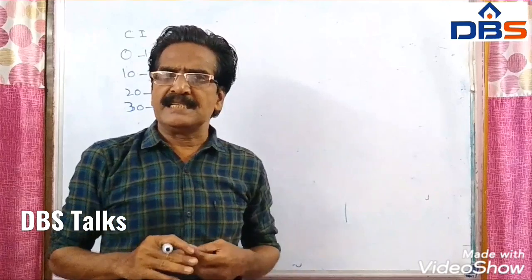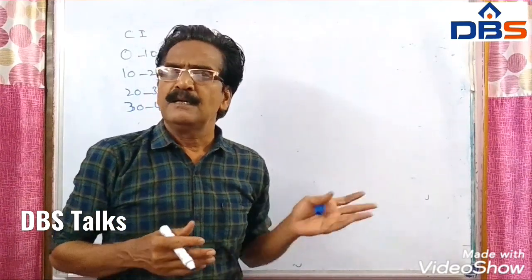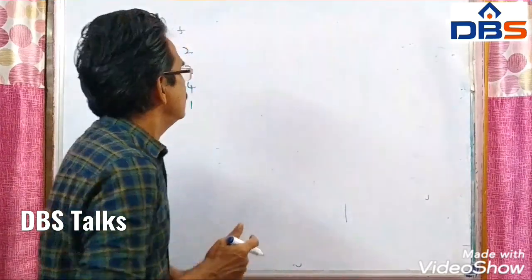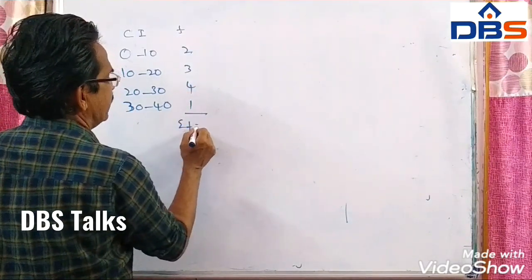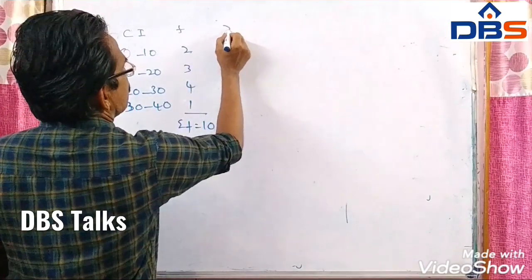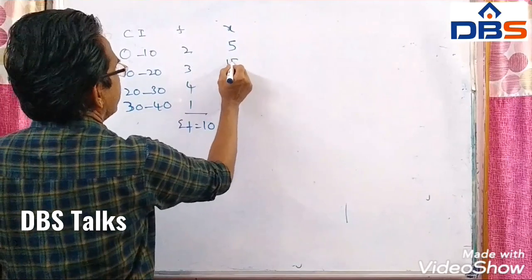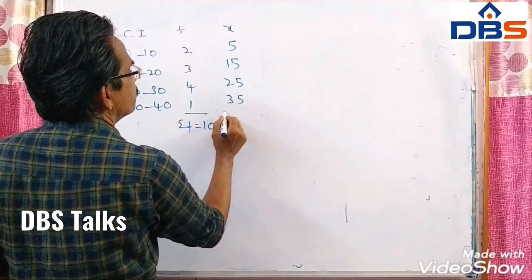Before finding variance, we have to find x bar. X bar, as you know, is sigma fx by sigma f. So what is sigma f? Sigma f is equal to 10. Let us find x values: 5, 15, 25, 35.